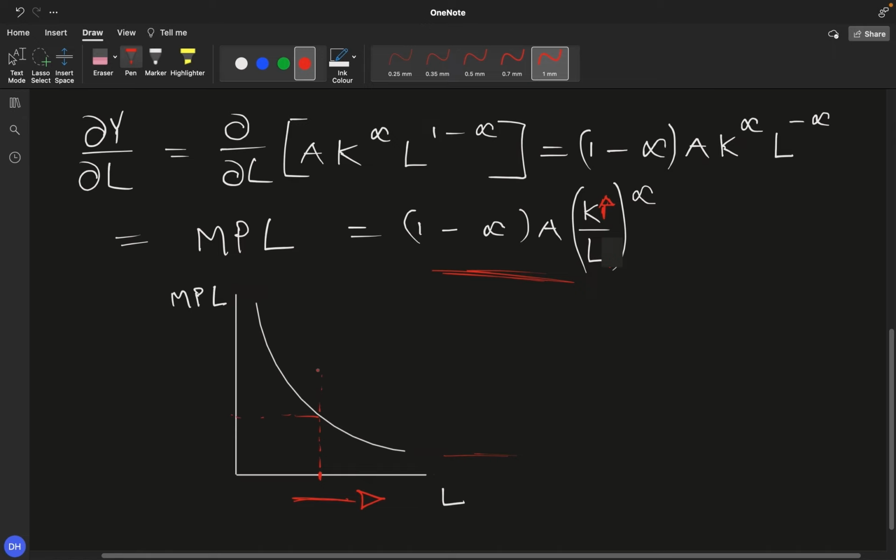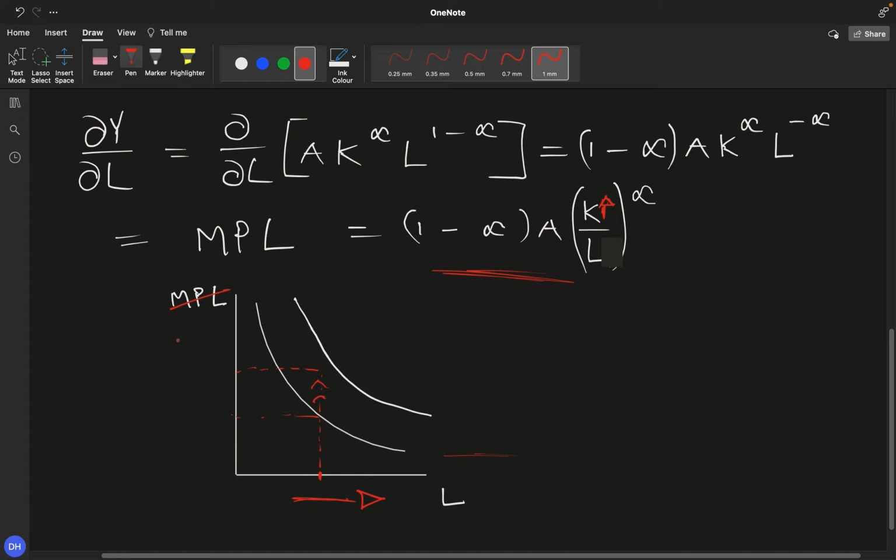So we get some higher corresponding point on the y-axis here. And so basically what happens is that if you increase capital, that's not very well drawn, so I'm going to draw that a bit better, but you get my point. As we increase capital, labour becomes more productive, and vice versa.